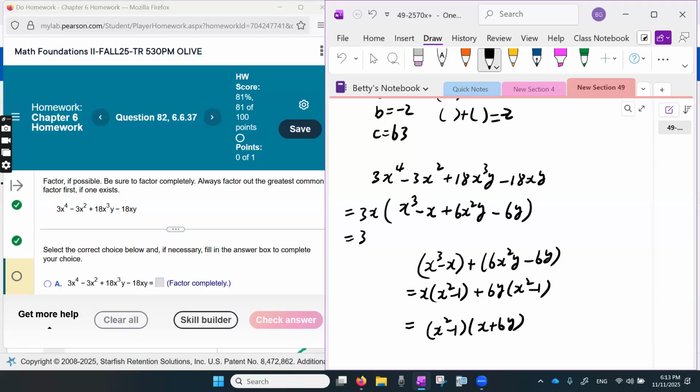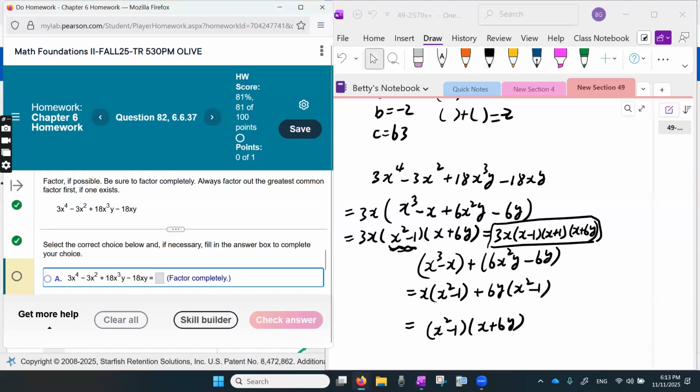So we have 3x times x squared minus 1 times x plus 6y. We did a GCF, and we did factoring by grouping. Also, we have to do a difference of two squares because x squared minus 1 is factorable. That is x minus 1 times x plus 1, and then bring down x plus 6y. This is a pretty complicated factorization problem. So it is factorable.